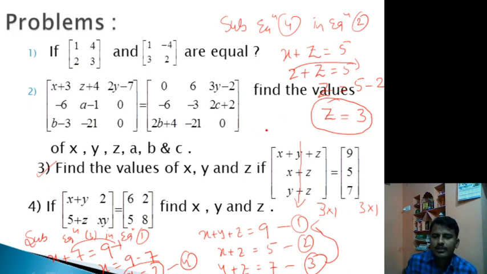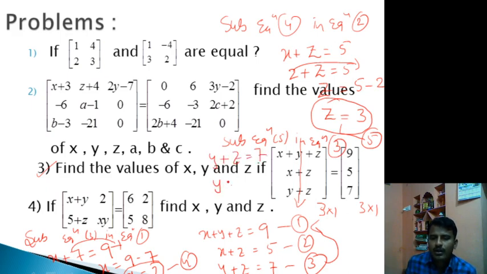Similarly, this is nothing but equation number 5. Again, substitute equation number 5 in equation number 3. Y plus z equal to 7, y plus 3 equal to 7, y is equal to 7 minus 3, and y is equal to 4.